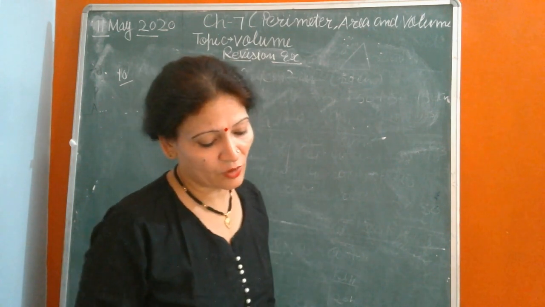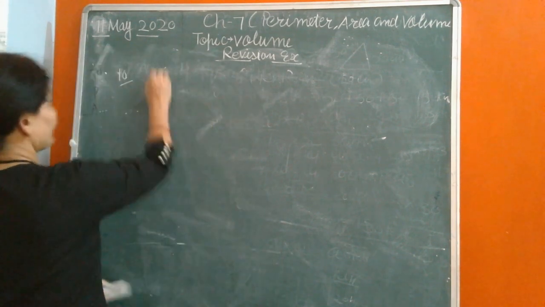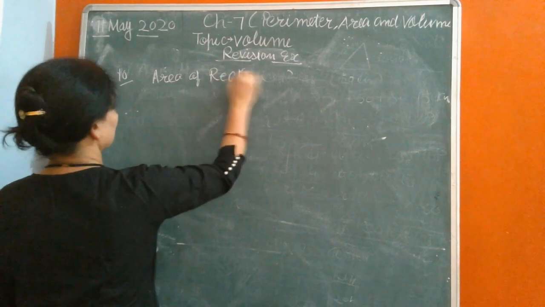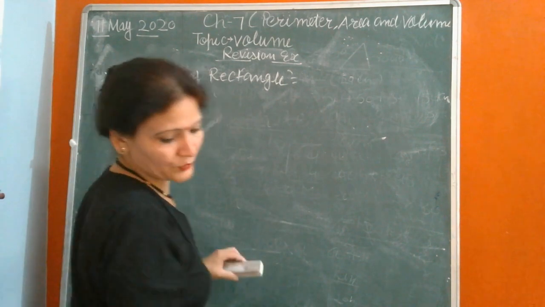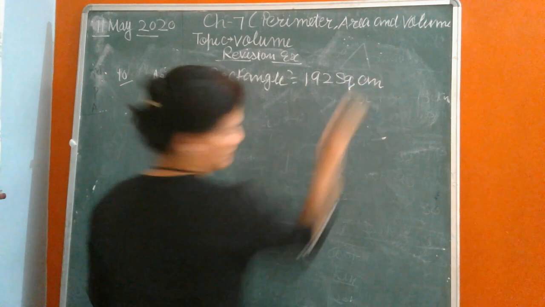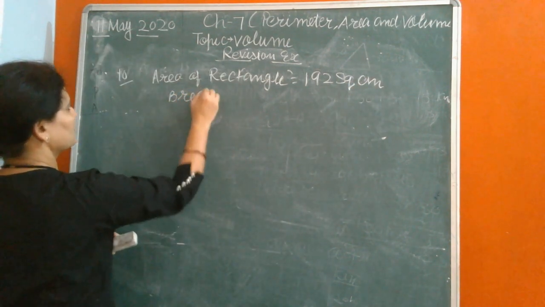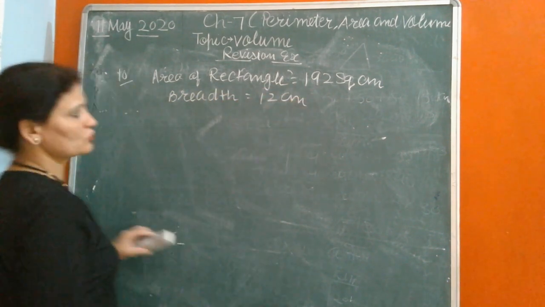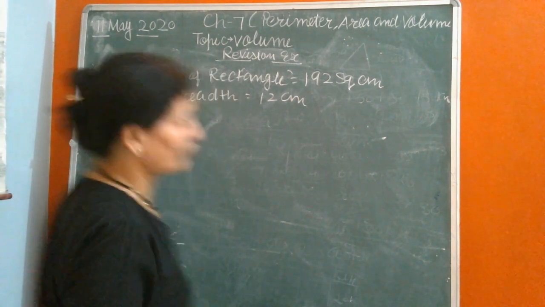Area of the rectangle equals 192 square centimeter, breadth equals 12 centimeter, and we have to find the length of the rectangle.